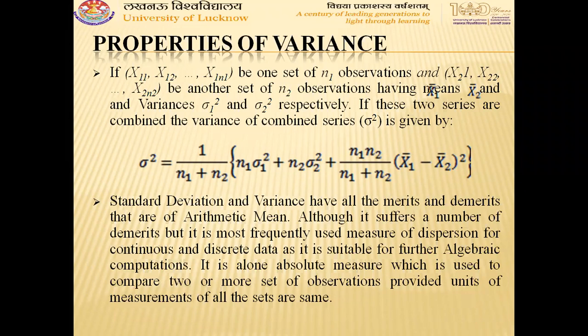However, they suffer from a lot of demerits, like they cannot be calculated for open-ended class intervals. They cannot be calculated if at least one observation is missing, and many other demerits.